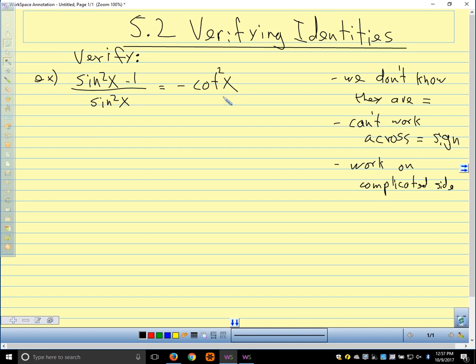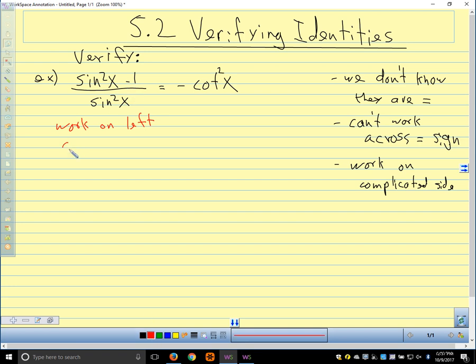All right, so for this one, it's pretty clear to me that the left-hand side is more complicated. So let's work on the left. I already like the left-hand side because I have a sine squared x minus 1.